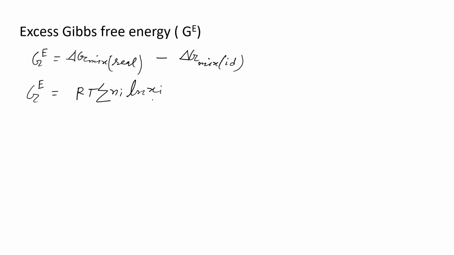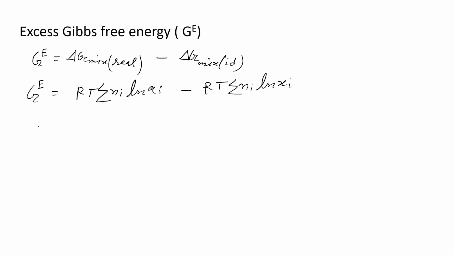Xi is the mole fraction, but for the real solution here we have to take it as ai, that is the activity. Then minus RT summation of Ni ln Xi, here the mole fraction.